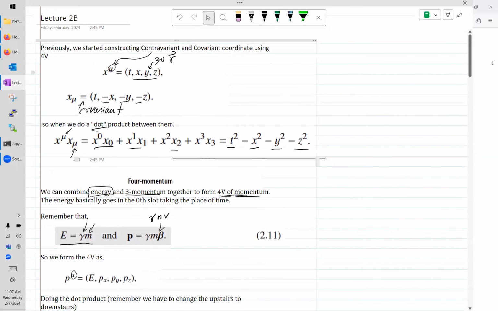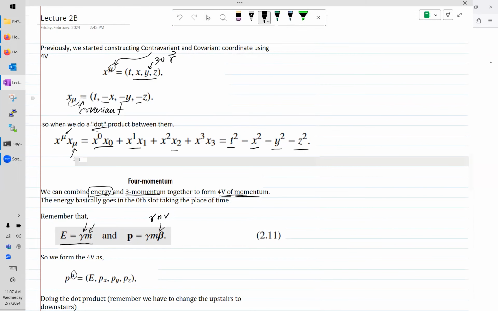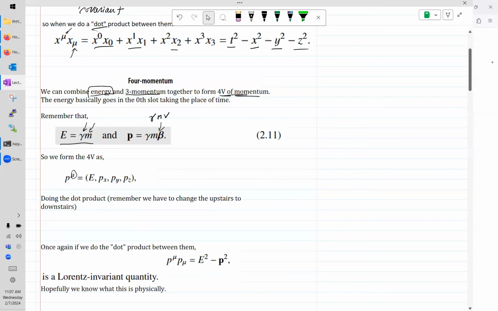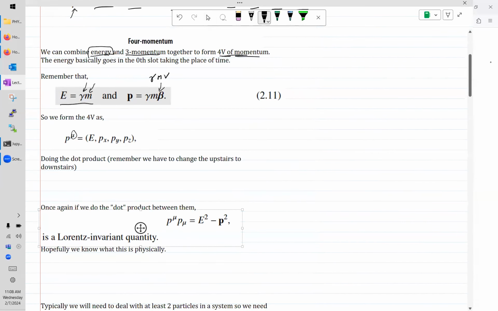If your index is on top, it's a contravariant. If your index is on the bottom, you have a covariant, and you just have to make sure that the spatial part, the last three components of those indices, are negatives of each other, okay? So if we were to write this covariant vector instead, I will still have the same sign for E, but then it'll be negative px, negative py, and then negative pz.